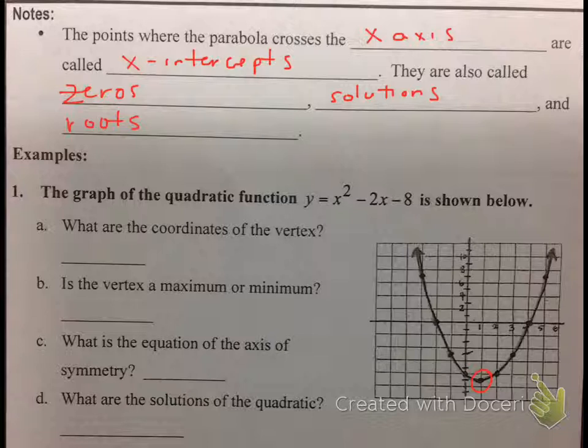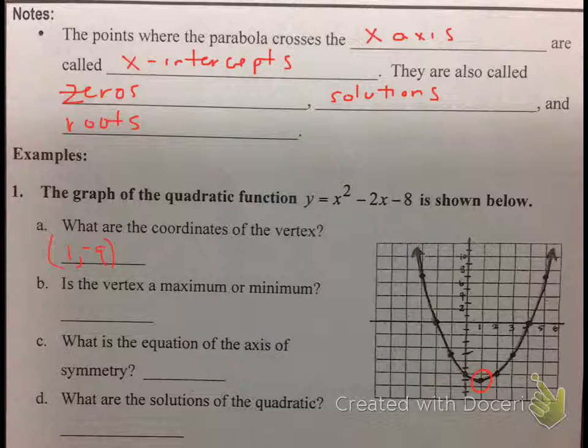So we have 1, 2, 3, 4, 5, 6, 7, 8, 9. It looks like it's 9. How many over is it? Looks like it's just 1 over. So it's 1 over, 9 down. So your coordinates will be 1, comma, negative 9.